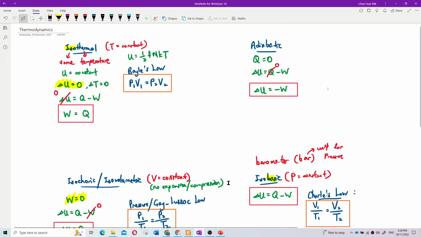So for this one, we already have temperature constant, volume constant, pressure constant.